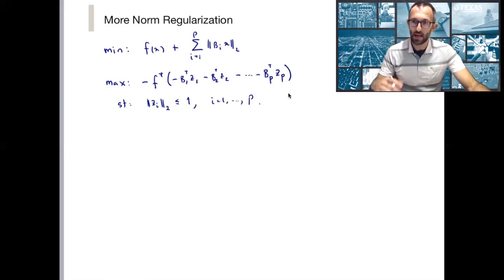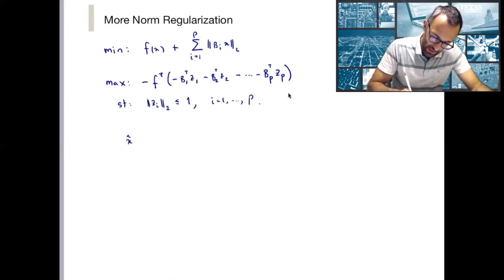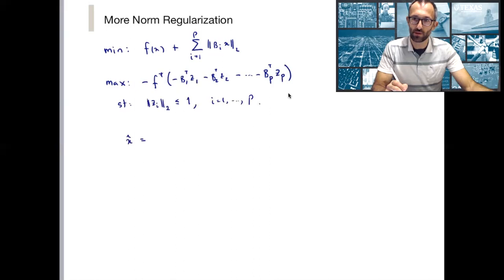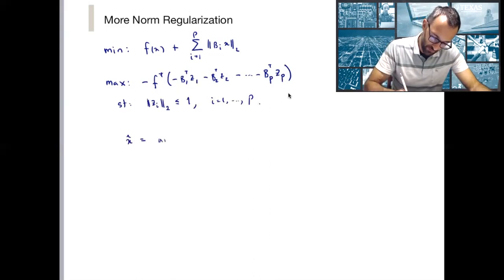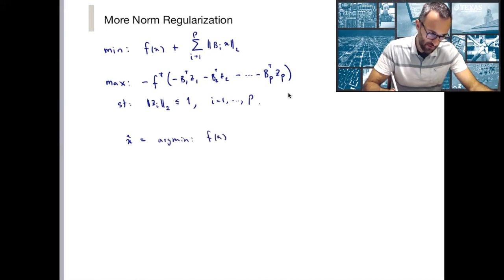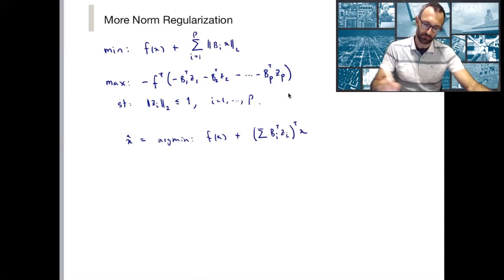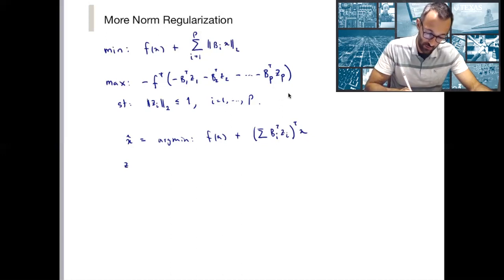In this case, exactly what we saw before on the previous slide, we find that x hat is a solution to the Lagrangian argmin of f of x plus the sum of b_i transpose z_i times x, and each individual z_i is projected onto the Euclidean ball.